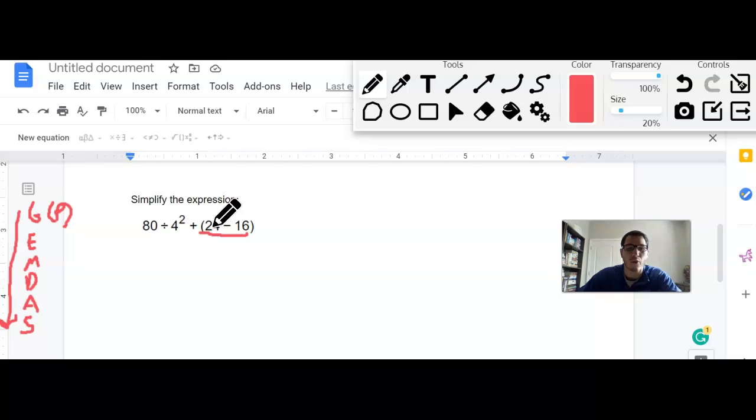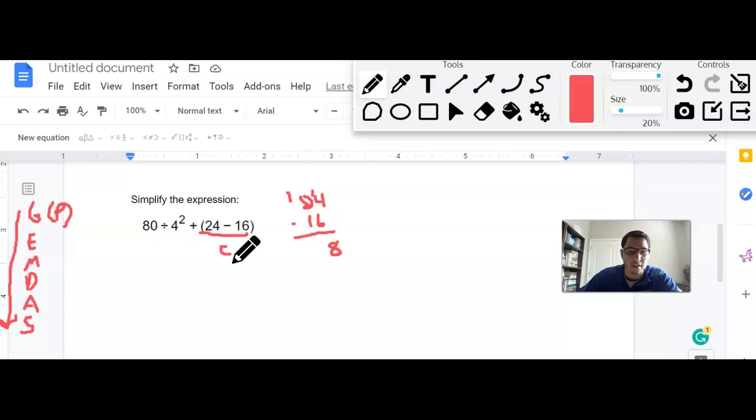So we have 24 minus 16. If we can't do that in our head, just do it off to the side. 24 minus 16. Can't do this. I'll borrow. 6 goes into 14. 14 minus 6 is 8. That's 0. So we're left with 8.